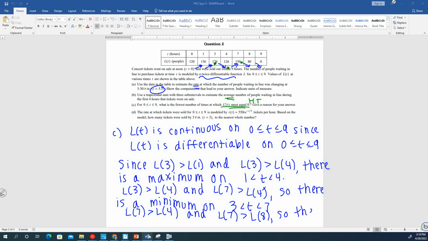So there is a maximum on 4 to 8. All right. So we should state that we think at least 3.